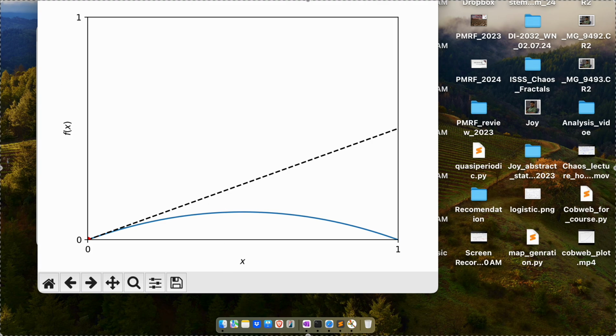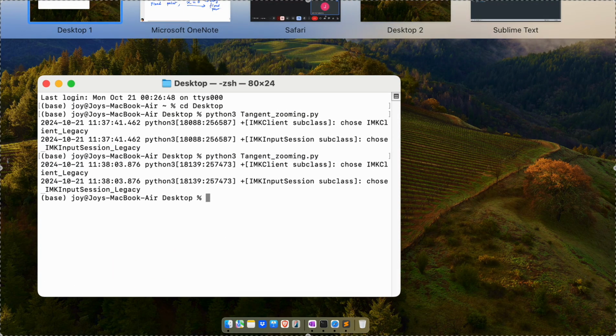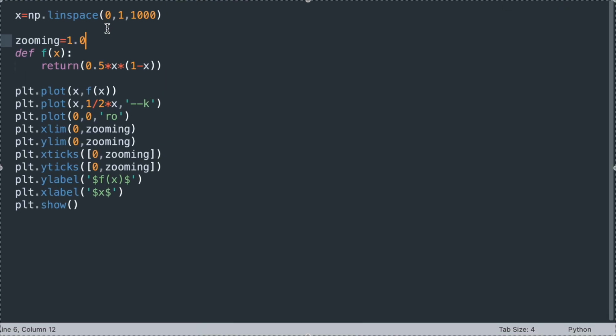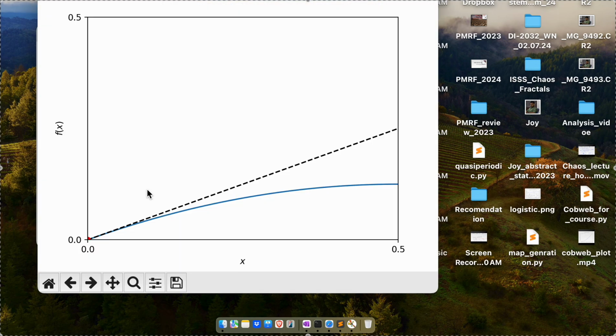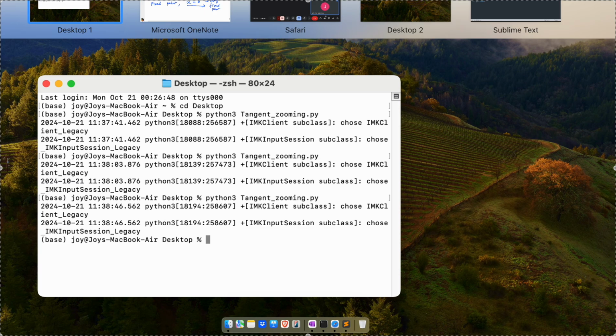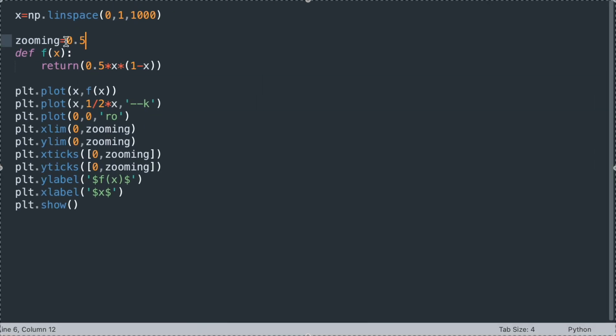So now let's look closer, that means if I zoom in and only see this portion, you see that now this black dotted line and the blue line are closely matching. Now let's zoom more, suppose 0.25.